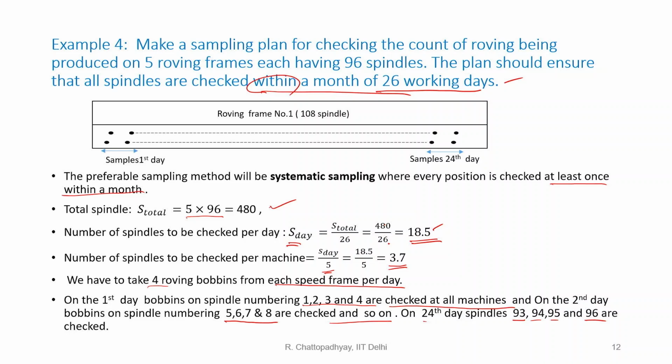Because if we check 3 and there are 5 machines, 3 into 5, we are choosing 15 bobbins per day. And if there are 26 working days, how many bobbins will we be able to cover in 26 days? Each day 15, so it will be 390.